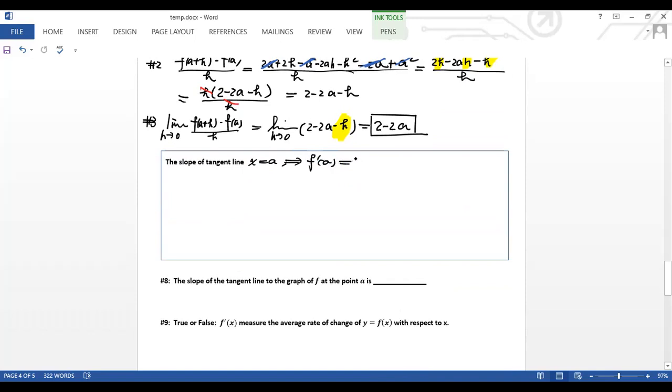This is the slope of the tangent line, because from the previous lecture, part 1, lecture number 6, we know this is the slope of the tangent line here, right? It's a very, very important concept. So the slope of the tangent line is just the derivative at that point.